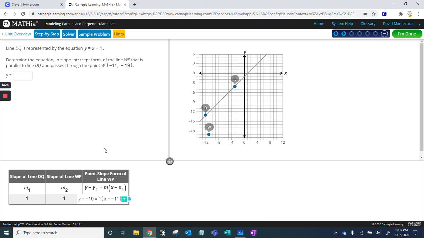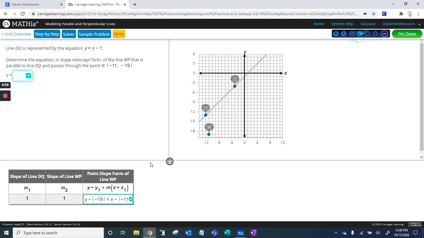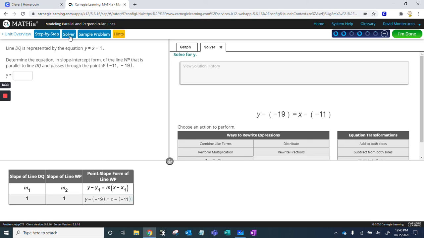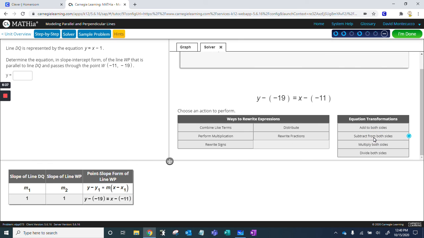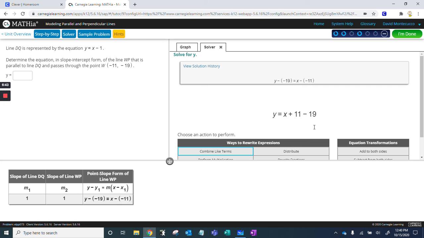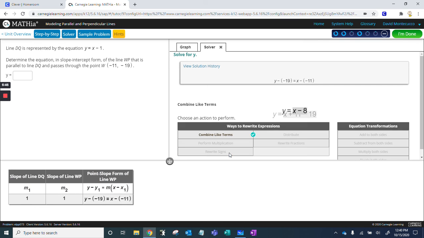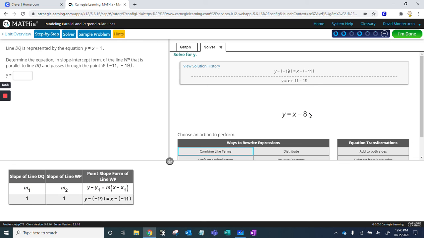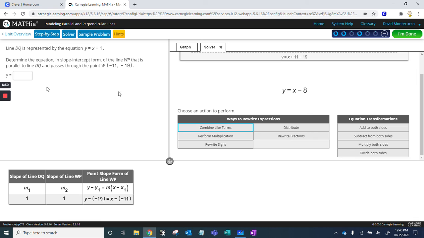Now we've got to do all that stuff, okay? So let's try it. First, we're going to subtract from both sides. Okay, what are we going to subtract? The 19. Once we do that, we can combine like terms, the 11 minus the 19, and we get an 8. I think we're done. x minus 8. Okay, there it is.